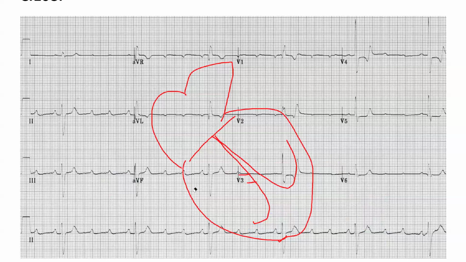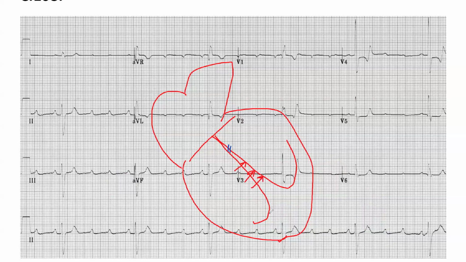I try to draw with a color. So the left side is blocked. It means that the septum is activated from the right side.